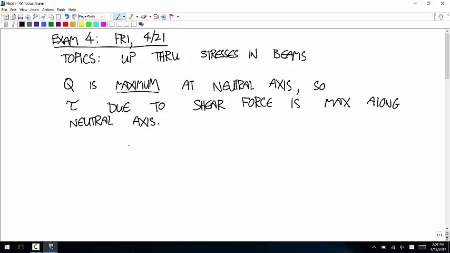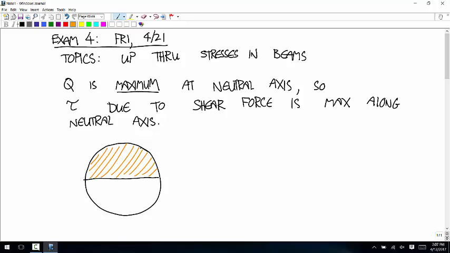Yeah, so for a circular cross-section, we're talking about this area. The centroid is here, and we're talking about this being that distance D. This is that line Y1 or whatever I called it.